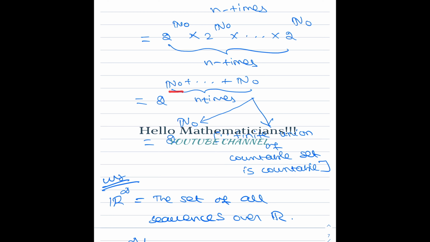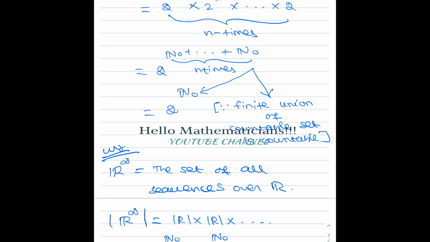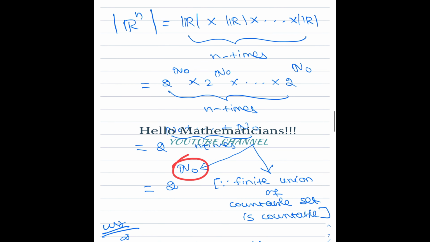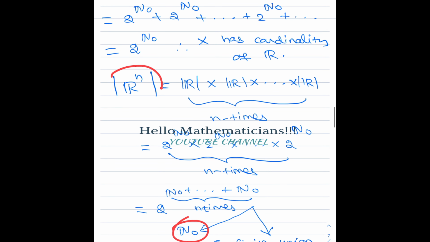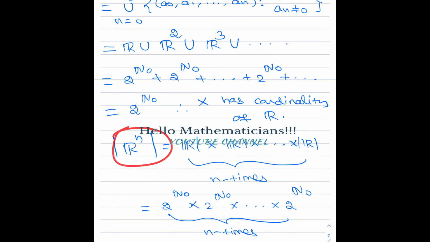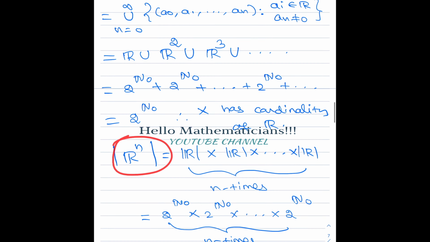So here I am taking finitely many aleph naughts, which means I am taking a finite union of countable sets. A finite union of countable sets is countable, therefore the sum of aleph naughts is again aleph naught. Even a countable union of countable sets is countable, so even if you add aleph naught countably infinitely many times, you will get aleph naught again. So what we got is that the cardinality of R power n is 2 power aleph naught. So R power n also has the same cardinality as R.